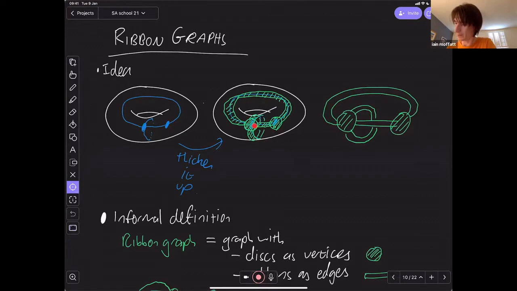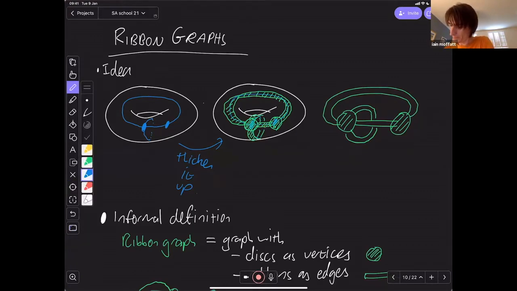So I've got the graph sitting under there, and each point has become some disk, and each edge that was formerly a line has become a two-dimensional strip, or if you like, a ribbon.